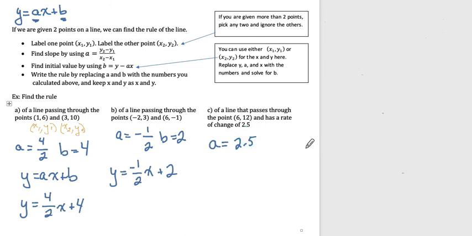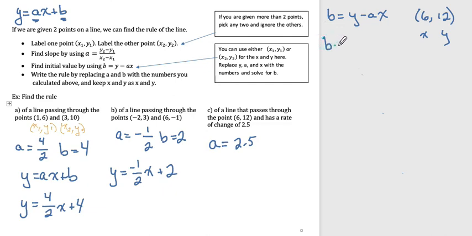As soon as we know that a is 2.5, we can move on to solving for b. Remember, b equals y minus ax. We need an x and a y to solve for b, but we're given 1 point, right? 6, 12. Remember, this is our x and this is our y.